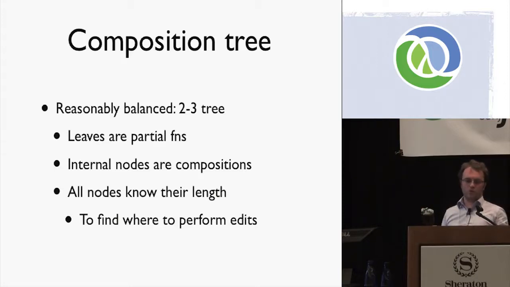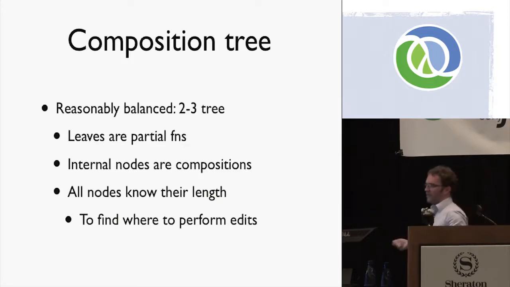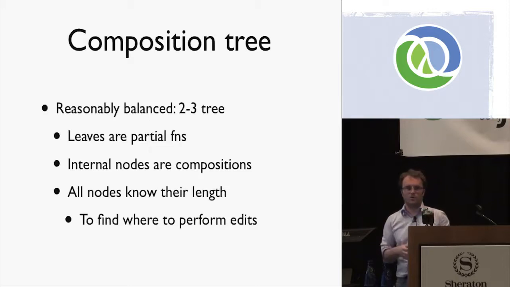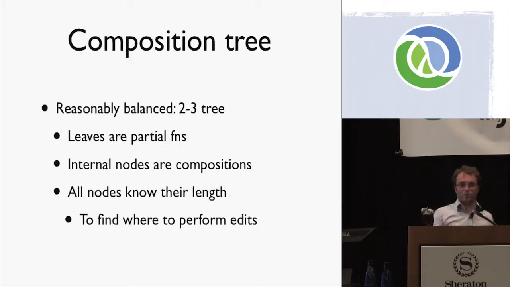And the internal nodes are the composition. Plus, the nodes have to know their length. That is the length of the text which is behind the node, simply to be able to know where to perform the edit, which nodes to invalidate.